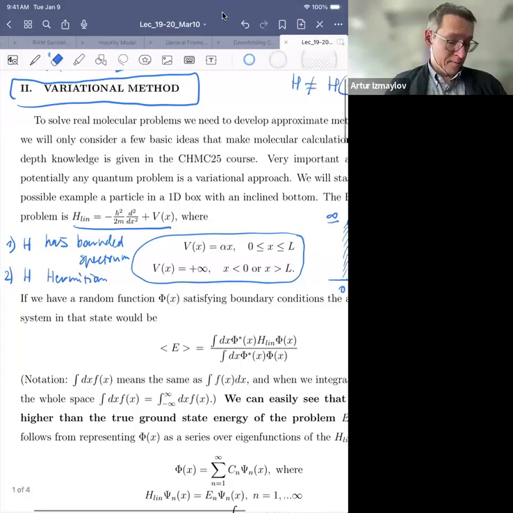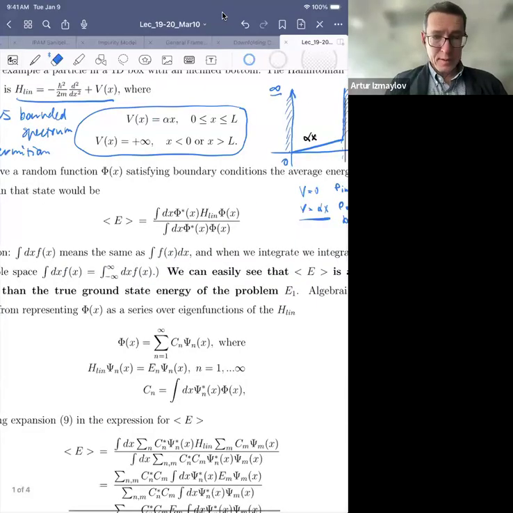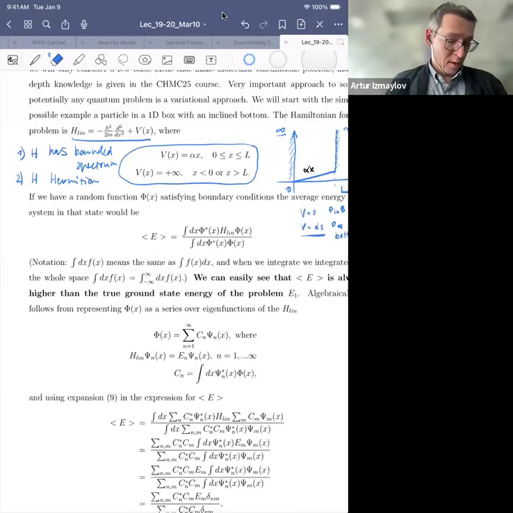Okay, so let's continue with the variational method. It's based on the variational theorem. Essentially, it's a very useful statement about the expectation value of the Hamiltonian, right? So this is the expression.